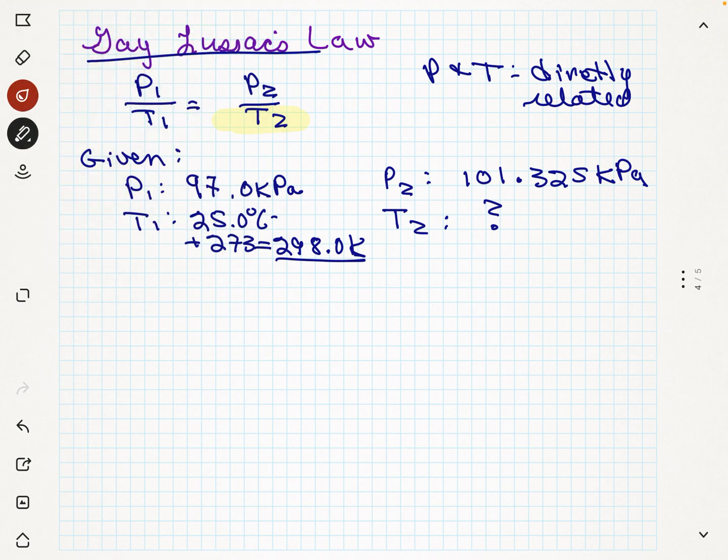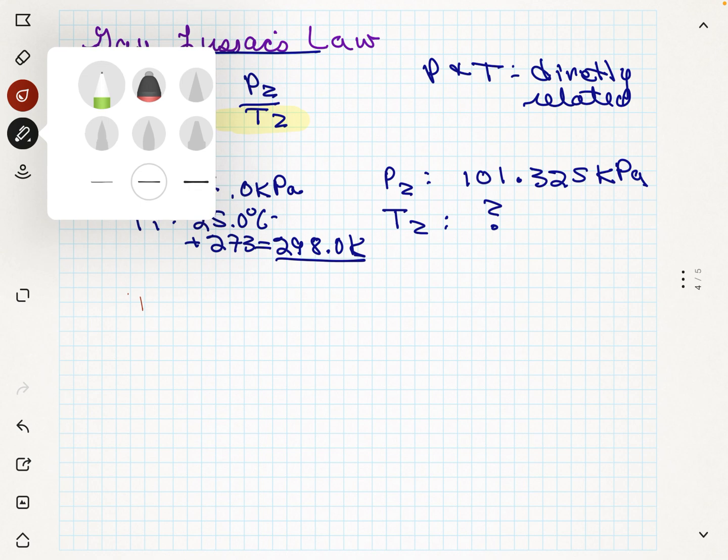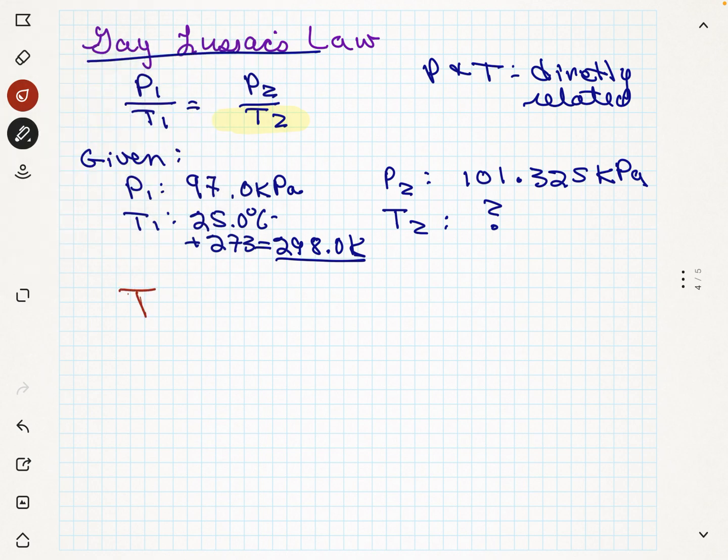So I'm going to move my T2, and T2 will equal P2 T1 over P1. I need you to verify that you know how to do this. Verify you know how to rearrange.